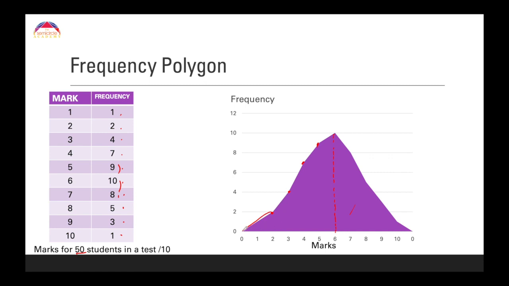But instead of connecting them with straight lines, let's just approximate a curve. And the curve is just an approximation, really, right? But we'll approximate a curve and we'll get something looking kind of like this. We call it a bell-shaped curve, and we'll talk about that a little more in the future, right?